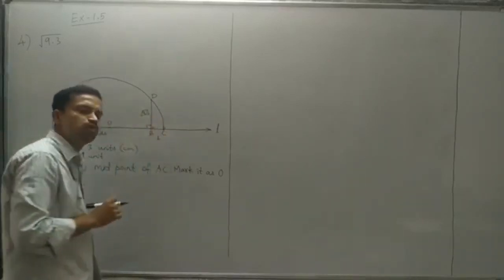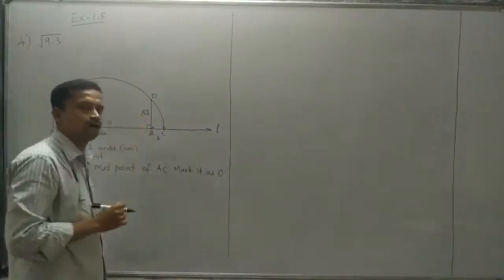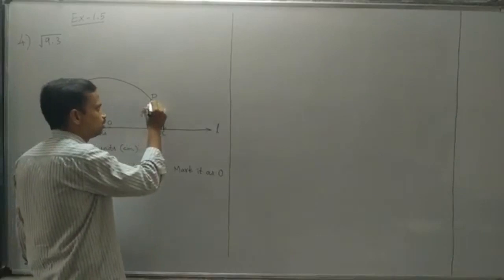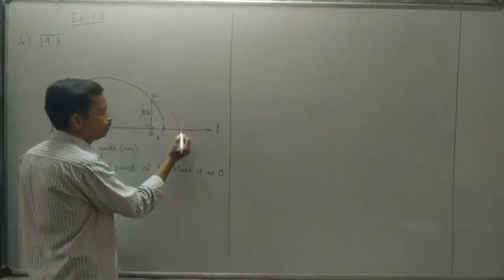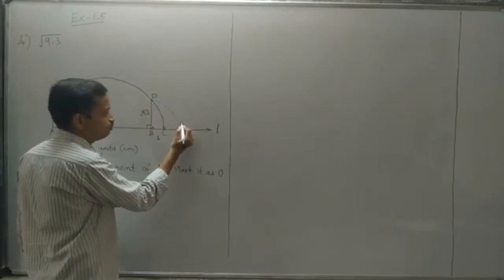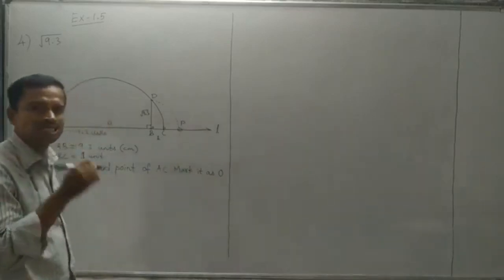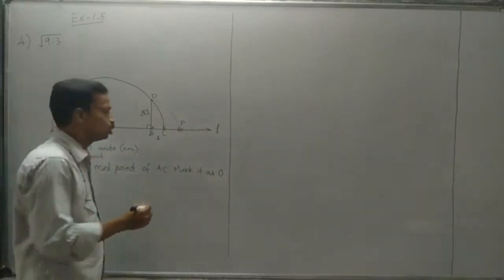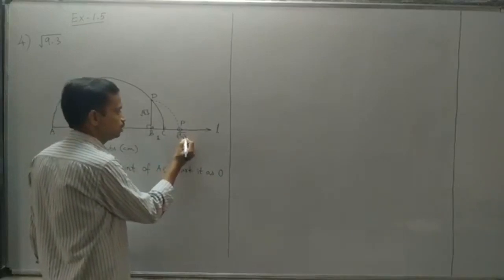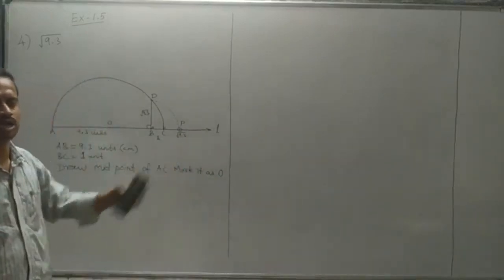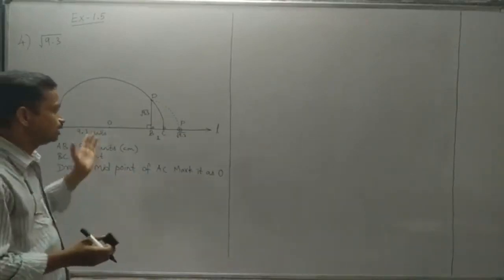And with B as the center and BD as radius, if we draw an arc, this point, suppose P, on the number line represents root 9.3. This is root 9.3 on the number line.